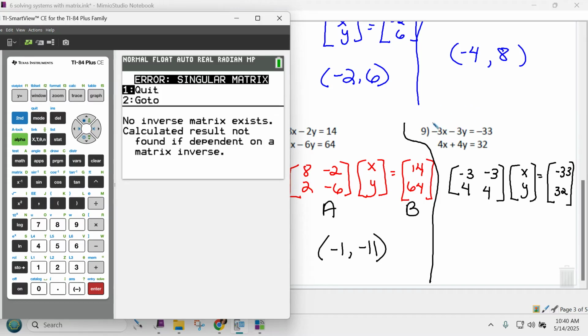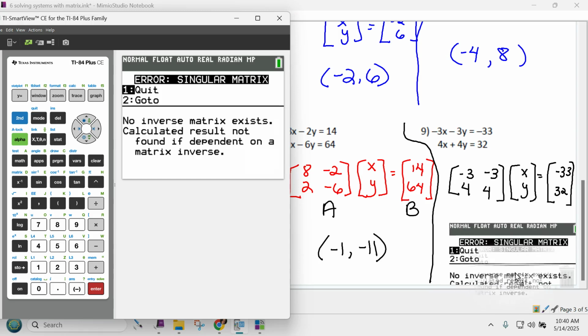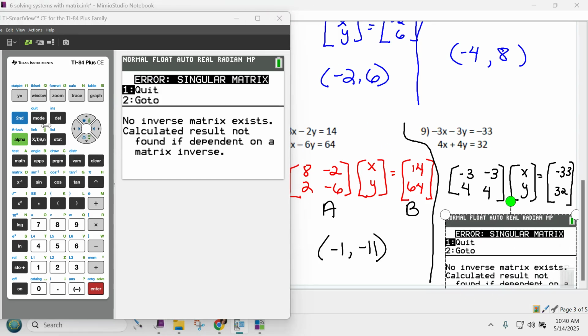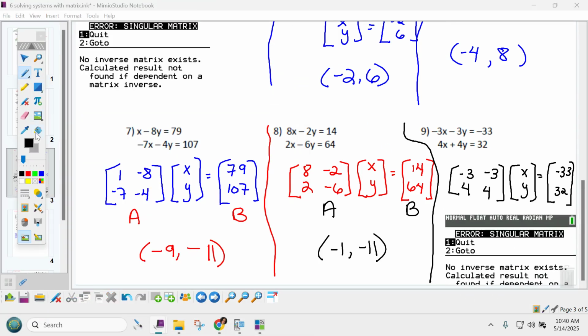Oh man. Okay. I see. Okay. Look at this. See how the coefficients are -3, -3, 4, 4? If I multiply the top equation by 4 and the bottom equation by 3, I'm going to get -12x and +12x and -12y and +12y.